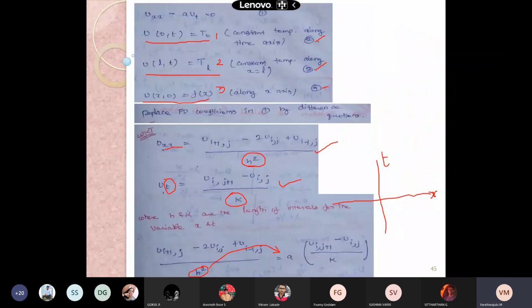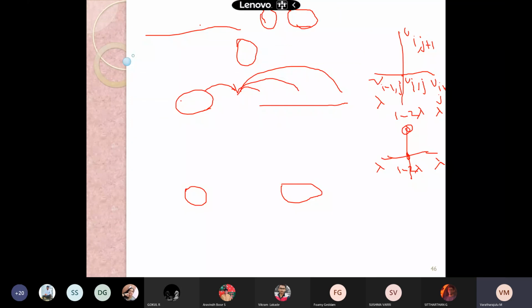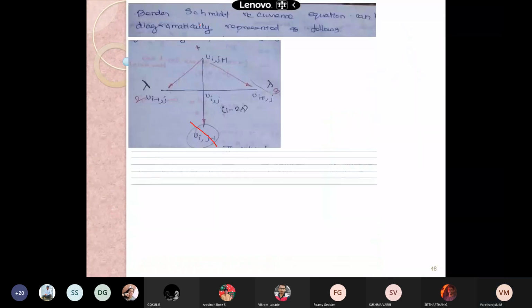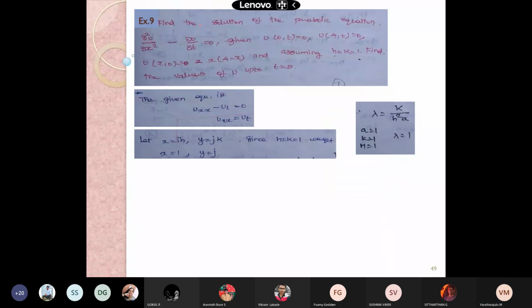A is the coefficient which is associated with ut, the term associated with t. That is what a is. H and k are given as 1, and for a, here we don't have any term, so a is equal to 1. Don't take it as this minus. This minus is already considered in the equation itself. So a is equal to 1. So therefore our lambda is also 1.